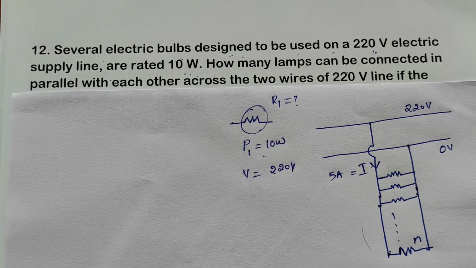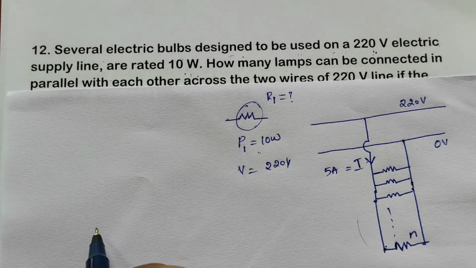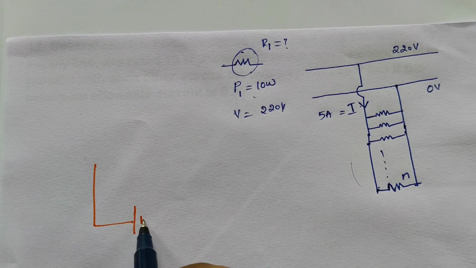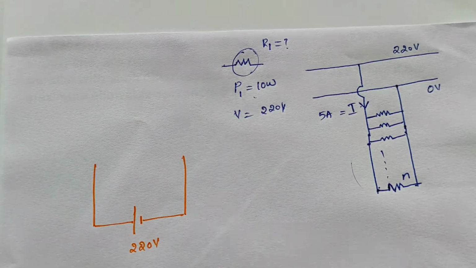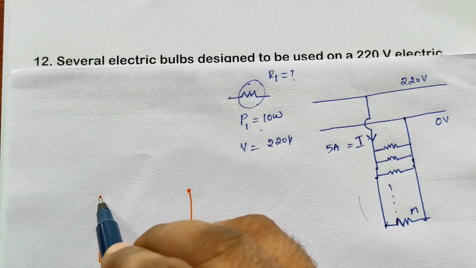So how to do this problem? Any guesses? First of all, we need a circuit in a familiar form. This is not the familiar way that we draw circuits, right? So I am going to convert this circuit into forms of our familiar circuit knowledge. Here I am going to draw the DC source, 220 volts, and here we are going to have so many resistors.